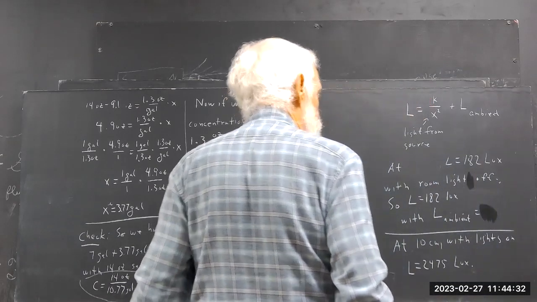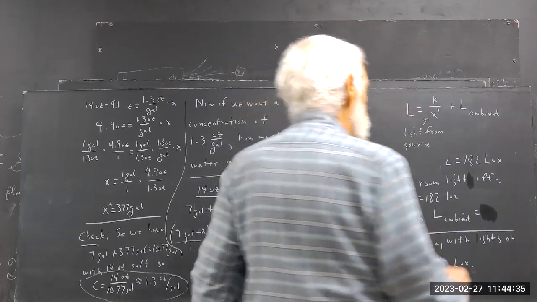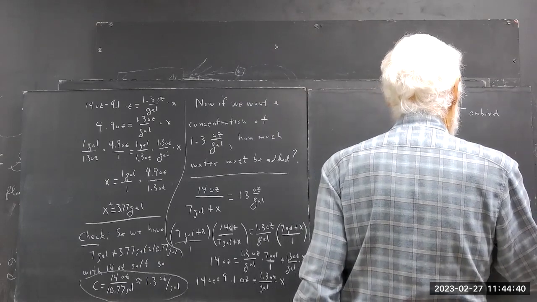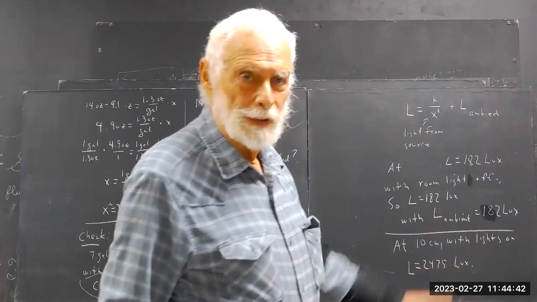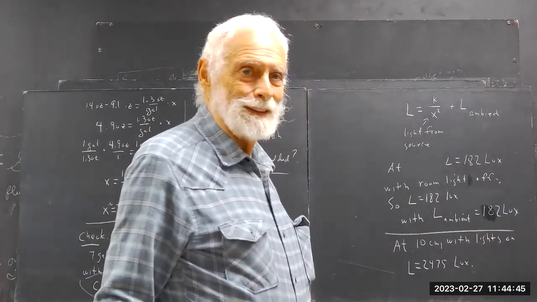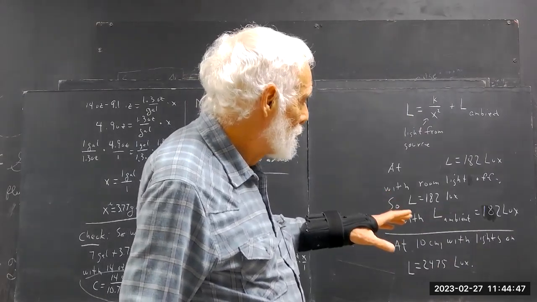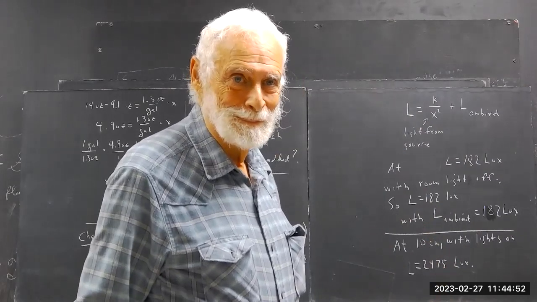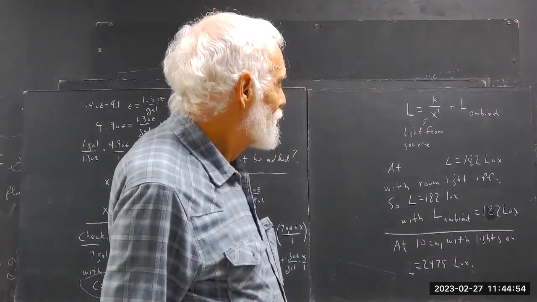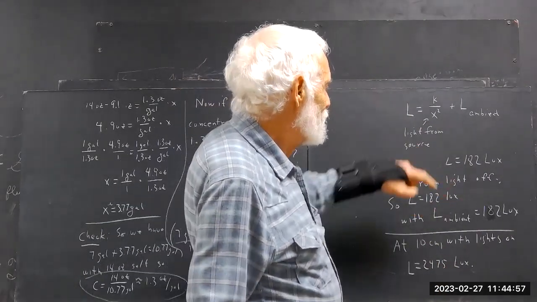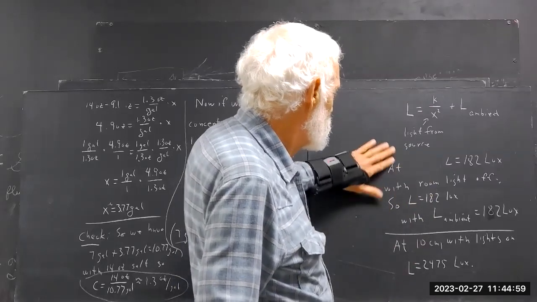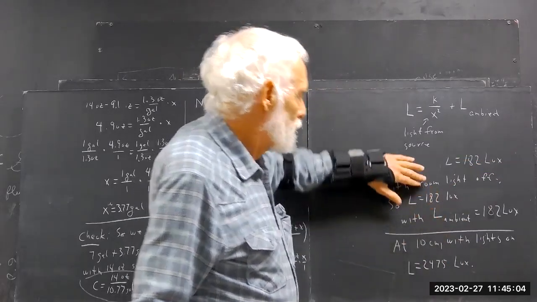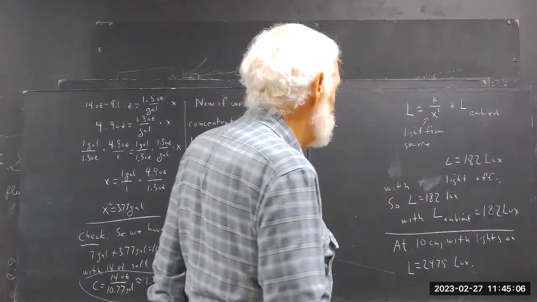So what we conclude is, sorry for the confusion, L ambient is 182 lux. I should have read the whole problem before I started explaining it. So now that I've got the information there, we understand: it's not the room light that's off, it's the light.